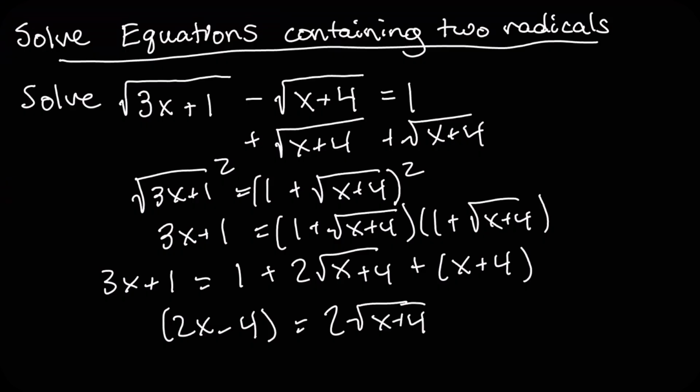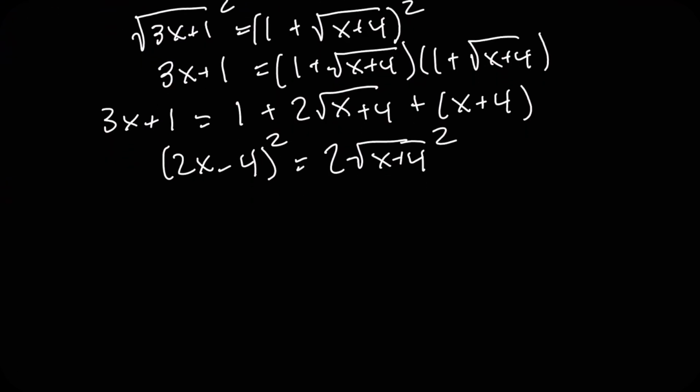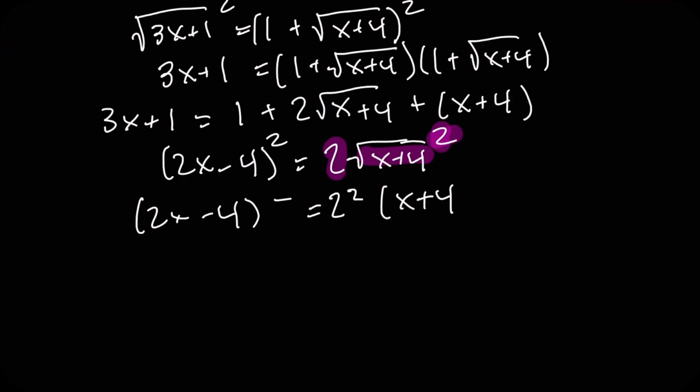So we can go ahead and square our right hand side and square our left hand side and see if we can further simplify. So this will be 2x minus 4 squared is equal to, and then this is essentially a 2 squared and then the square root of x plus 4 squared. So this will be a 2 squared, and then this will be an x plus 4.